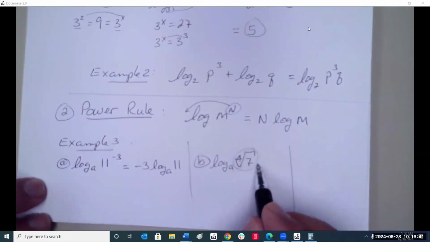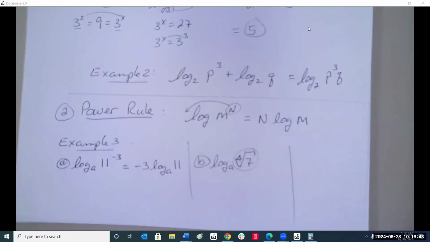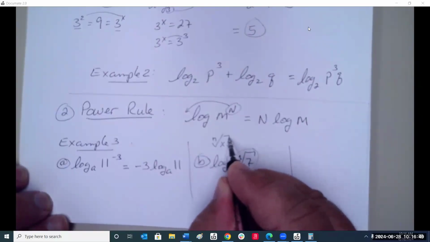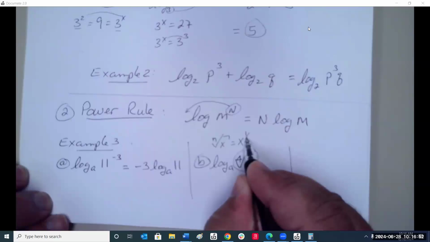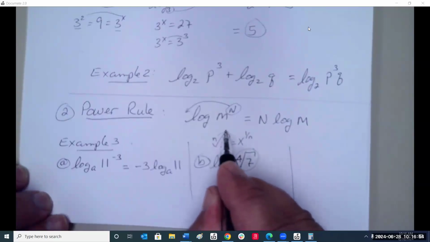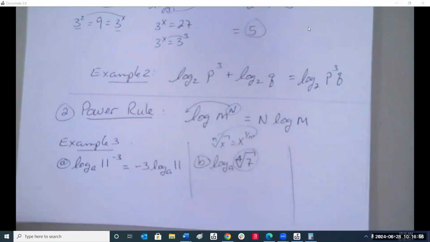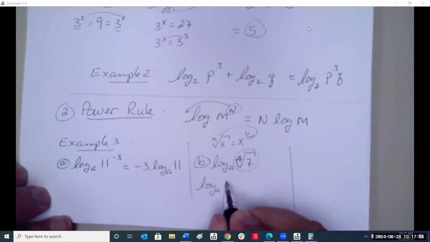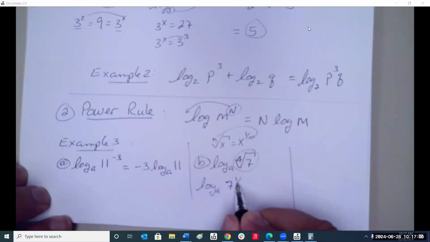How do we rewrite this? Excellent. Whatever the root is goes on the bottom. So this becomes log base a of 7 to the power 1/4.